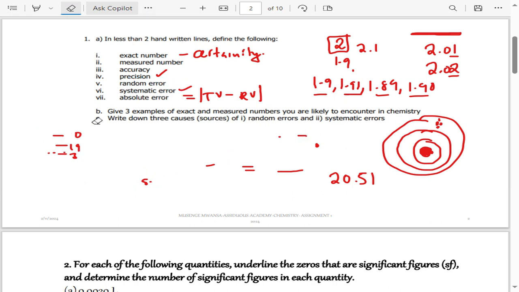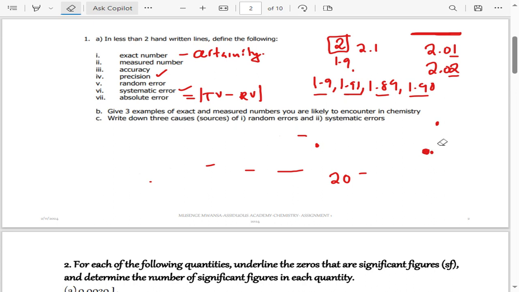And then question 2, give 3 examples of exact and measured numbers you are likely to encounter in chemistry. Write down 3 causes of random errors and also systematic errors. What are some causes of random errors and systematic errors? Now, to start with the first part, 3 examples of exact numbers that you'll be able to encounter in chemistry.